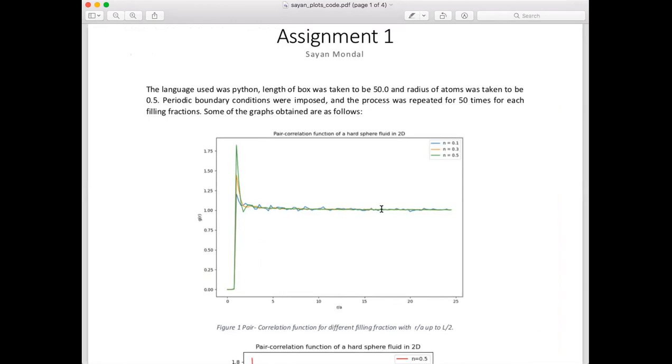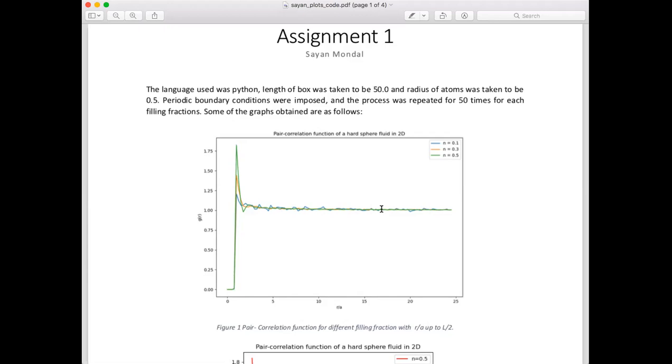No, that peak has to be different, right? How can it be the same? Suppose you are at a very low filling fraction, then there is very little chance that there will be anything around any given particle. So you won't see that peak. On the other hand, as you increase your filling fraction, because these are hard spheres, the probability of finding other particles around a given particle will increase.